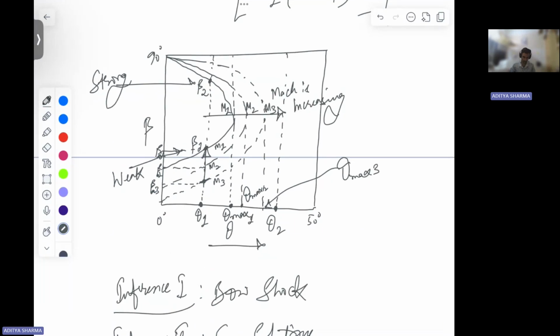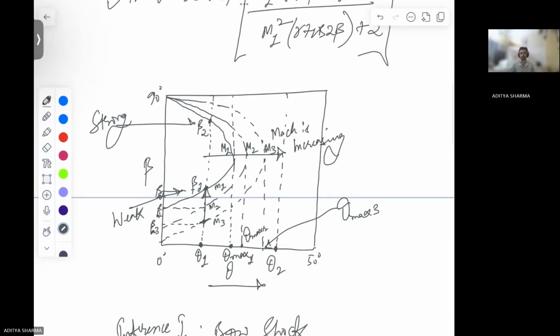Again, going back to this graph, it talks about weak oblique shocks.